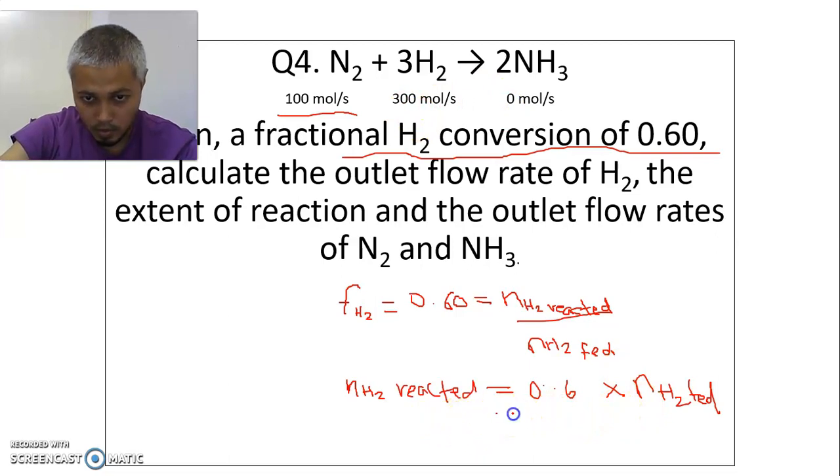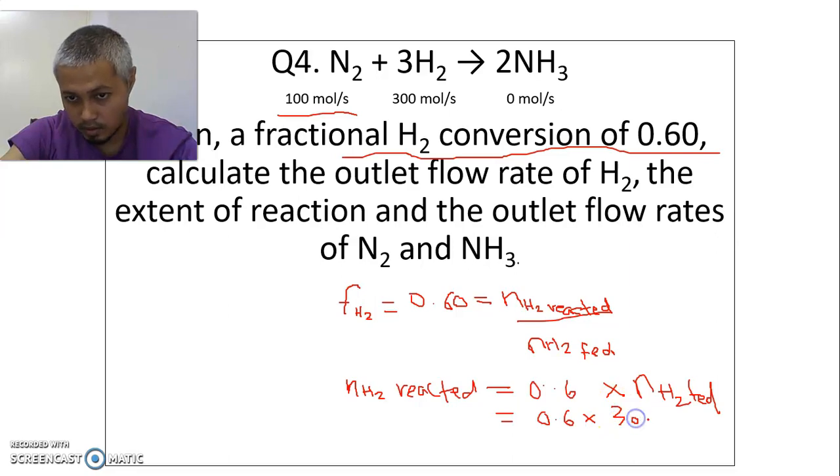So we have 0.6 times 300. Then we get 180 mole per second.